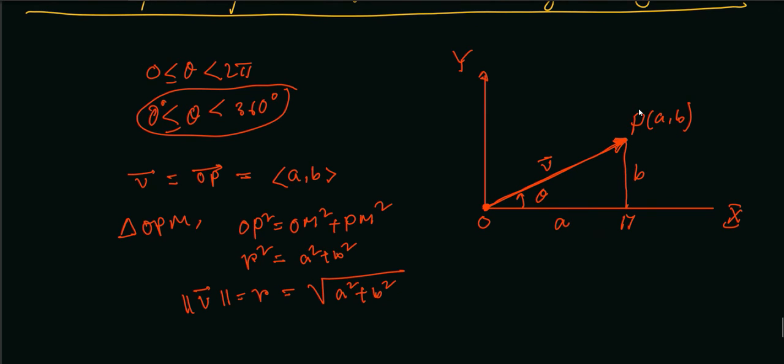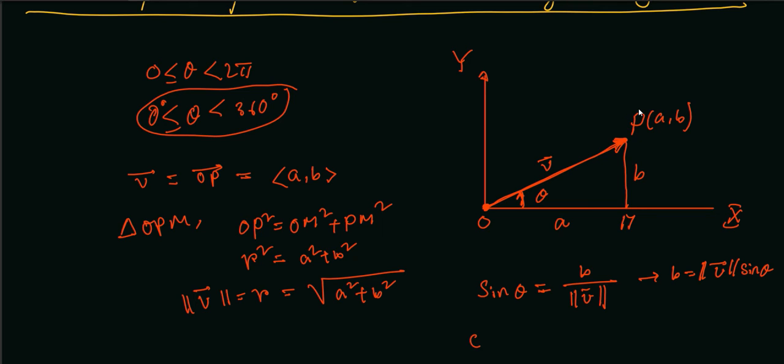Now in this triangle, since we have a positive angle theta, if I want to define sin theta, then sin theta equals b over the magnitude of the vector v, or we can also write R if we want. So from this I can get the value of b equals the magnitude of the vector v times sin theta.